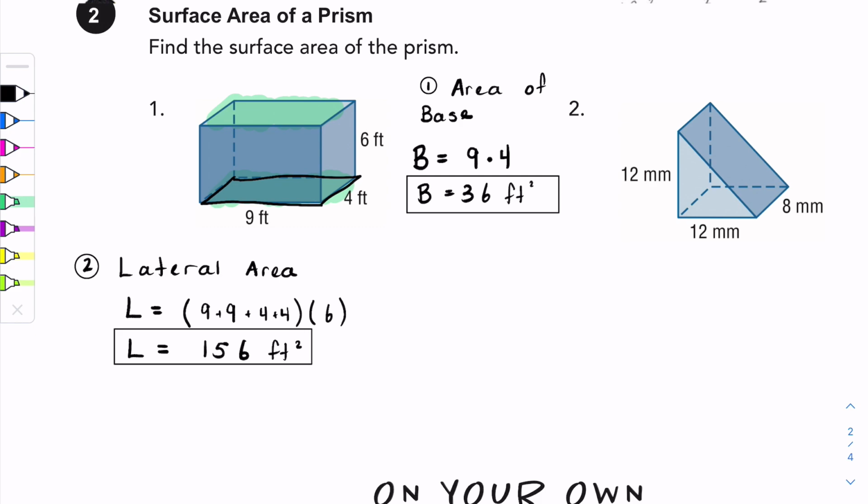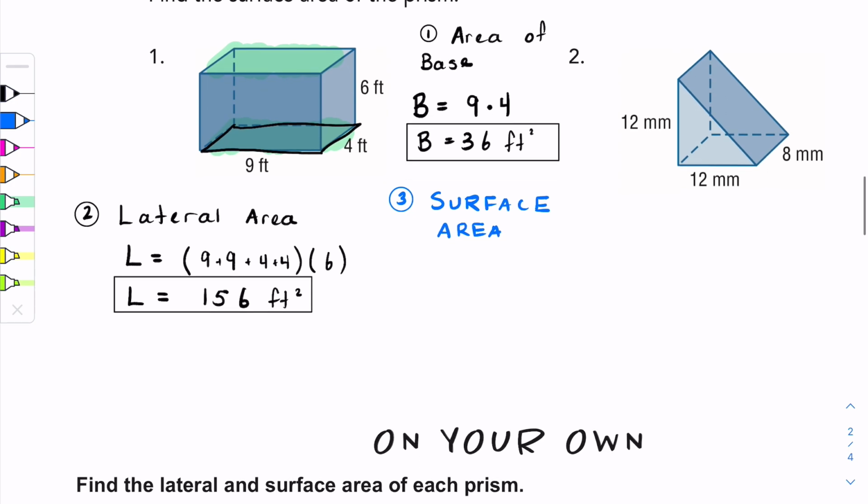And now the third step, the last step, is to find the surface area, which is your answer. So the surface area, I'm going to use the equation that says surface area is equal to lateral area plus 2 times the base area. And I'm just going to substitute in what I have.